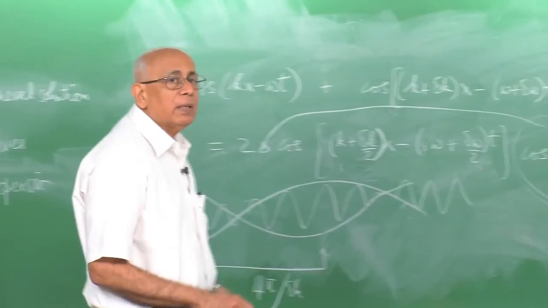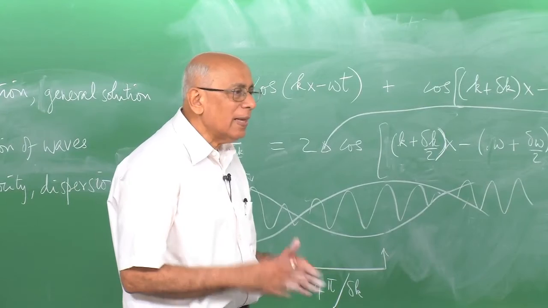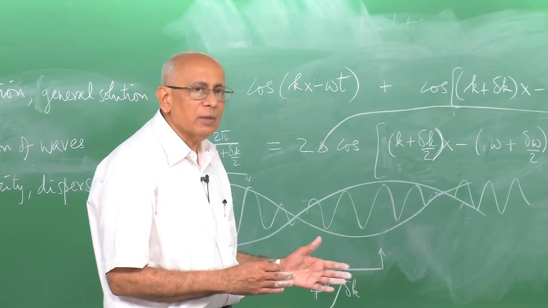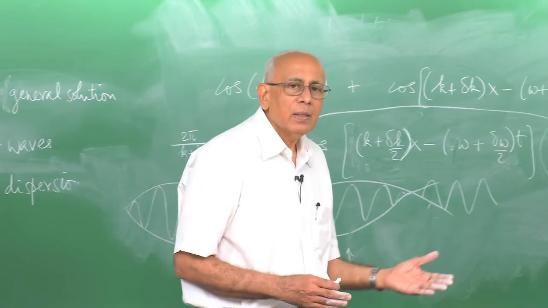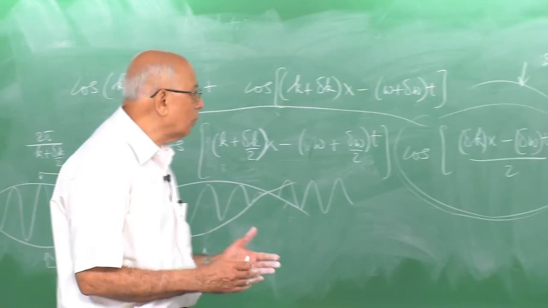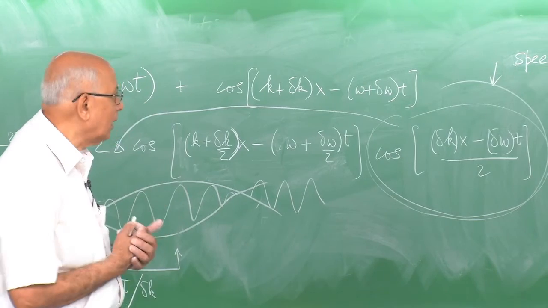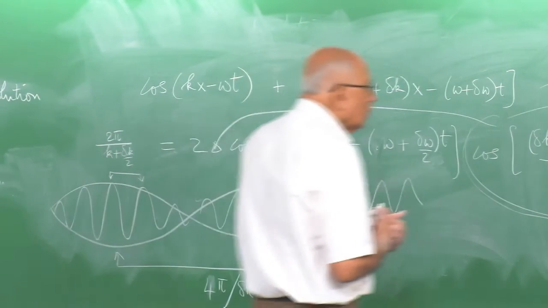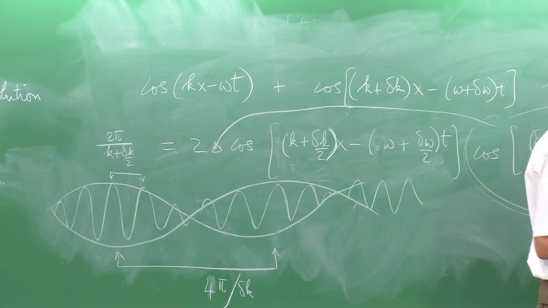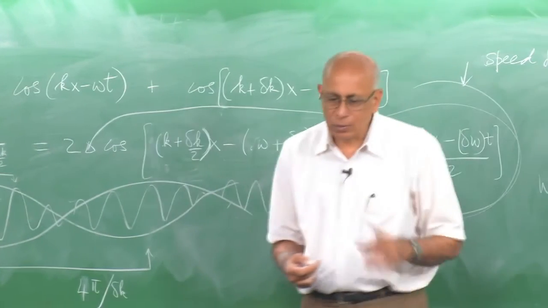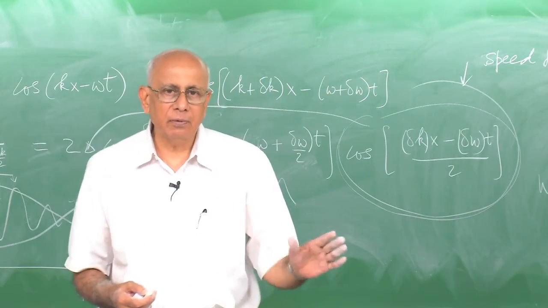Of course, it might turn out that omega is the same for all k's. In other words, the speed of the wave is exactly the same for all wavelengths. Okay, I should not say the frequency is independent of the wavelength. What I should really say is that the speed is the same for all wavelengths, which is what happens to light when it propagates in vacuum.